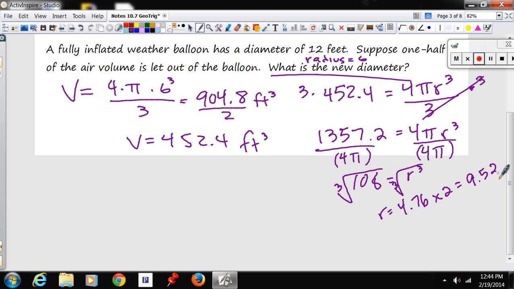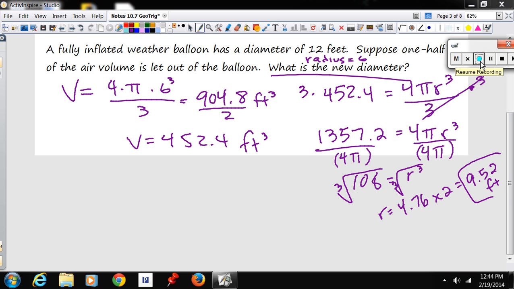So when I took out half my volume, did that make my diameter get cut in half? No, it's more than that. It's 9.5. Half of the diameter would have been a new diameter of 6. Now I got a new diameter of 9.5. So just because you take half the volume out doesn't mean you're cutting the diameter in half.